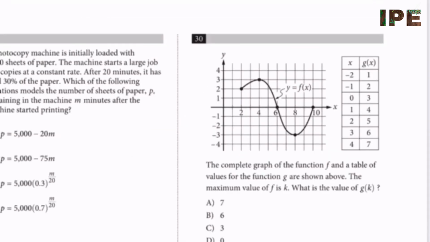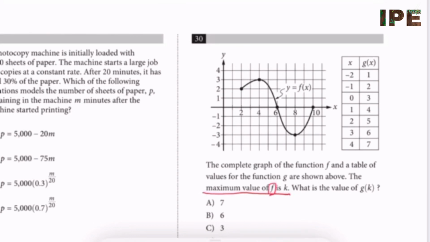The complete graph of a function f and a table of values for the function g are shown above. The maximum value of f is k. Okay, it says the maximum value of f is k. Maximum value of f, that means maximum value of y, not x value, right? So what is the highest point y value of f(x)?